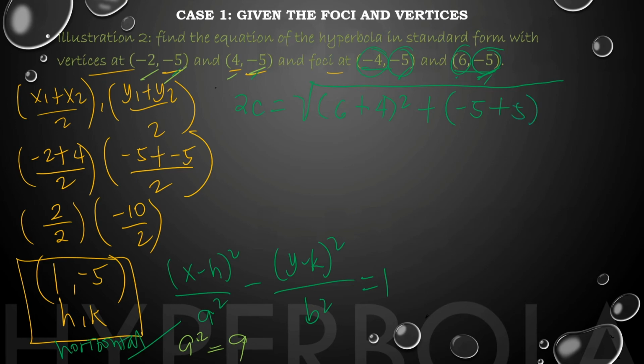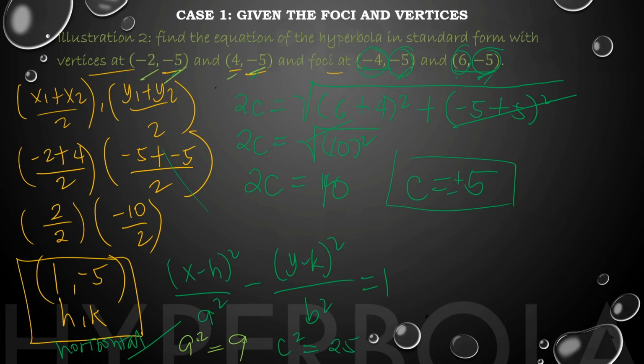So magiging positive 5 squared. So cancel out na to. So 2c is equal to square root of 10 squared. Cancel out yung square root. So 2c is equal to 10. And then yung c natin is equal to 10 over 2 is 5. And then yung c squared is equal to 25.